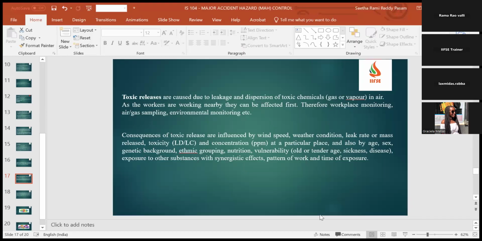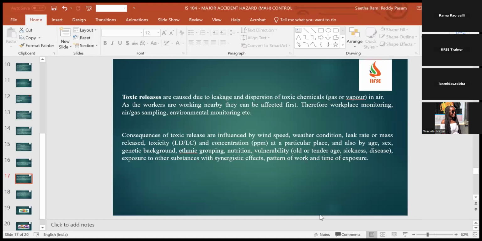There are a few more exposure limits like TLV, threshold limit values, PEL, permissible exposure limits, and STEL, short term exposure limits. Then we have IDLH situations, immediately dangerous to life and health. These are the various exposure concentrations we see in the MSDSs. That is very important, and we should train all our employees on these concentrations.